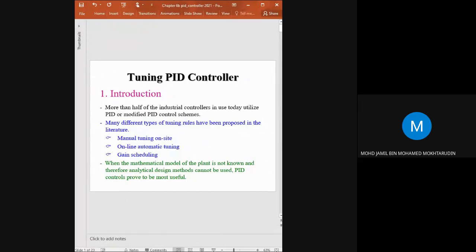So the PID controller, as I explained just now, has three components or three types of gain. You have proportional gain, integral gain, and also derivative gain. So we have to tune this gain individually using programming software, for example MATLAB, to get the time response as we desire.